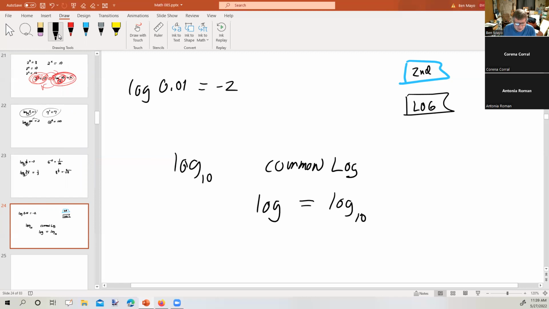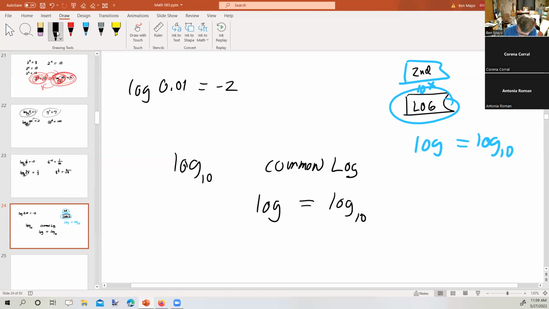Do either of you have your calculators with you? Yes. And you'll notice that the second function of that button is 10 to the x power, which can help remind you that this button, LOG, means log base 10. Okay?